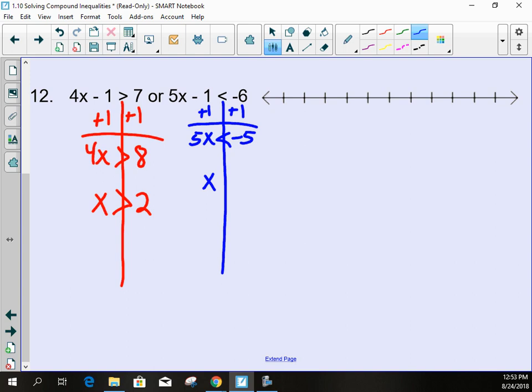Divide by a negative, flip: x is less than -1. What are my two numbers? Well, I have 2 and I have -1. They're both open dots. I see an or, so they go opposite directions.